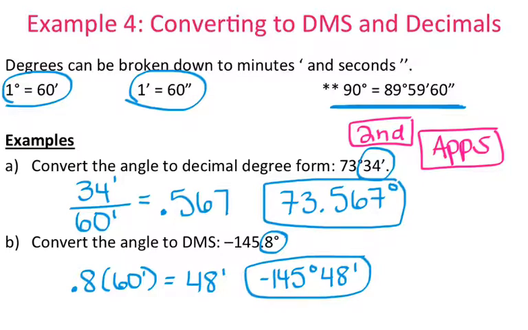And if you look, you see option number 4 where it says DMS. When I select that and hit enter, it'll tell you it's negative 145 degrees and 48 minutes, and this one had 0 seconds. So you can always convert back and forth with degrees, minutes, and seconds under the calculator if you want to.